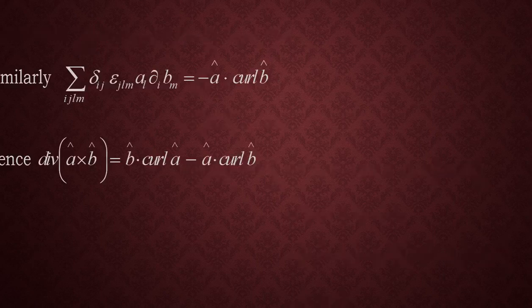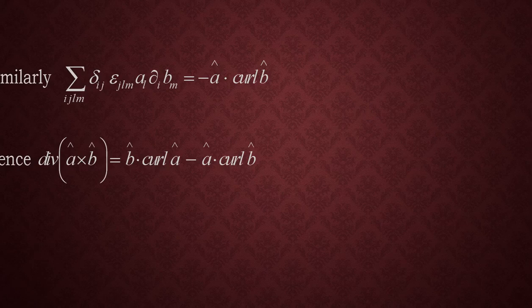I have divided the RHS of the original expression div A cap cross B cap into two parts. Previously, I selected the first summation part and I have proved that it is equal to B cap dot curly A cap. Now, let us select the second part.